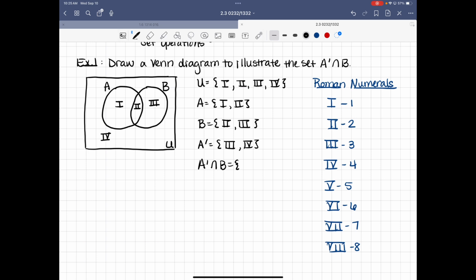What does it mean to be in the intersection? You have to be... it's just what they have in common. Yeah, just what they have in common. So it's 3. So just 3. Very good. Okay? Now, that's your answer as far as being written out.